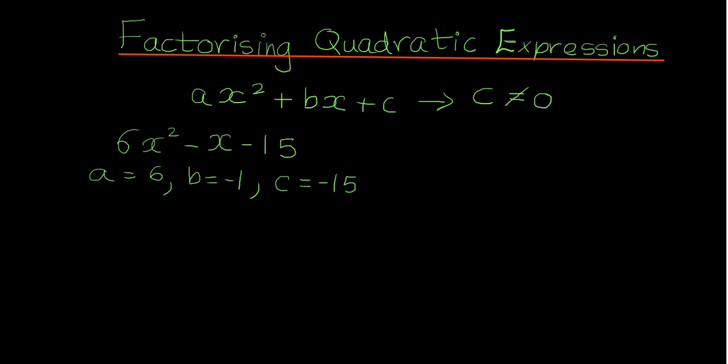What we're going to do is take our a value and multiply it by our c value. So we're going to do 6 times minus 15, which is going to be minus 90.